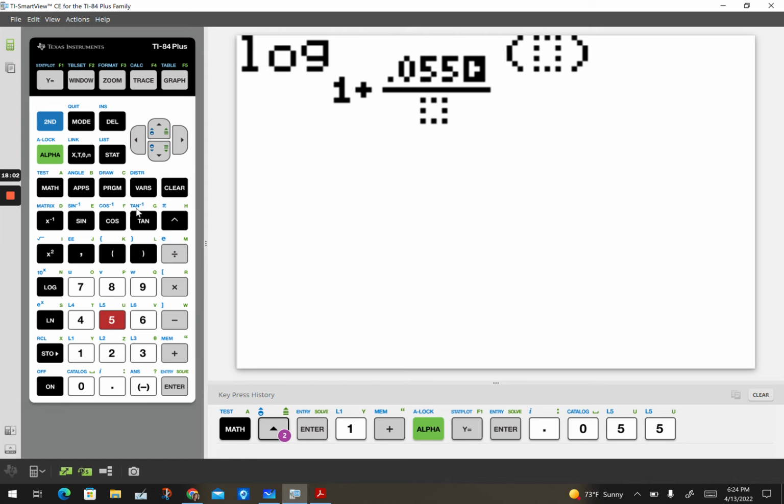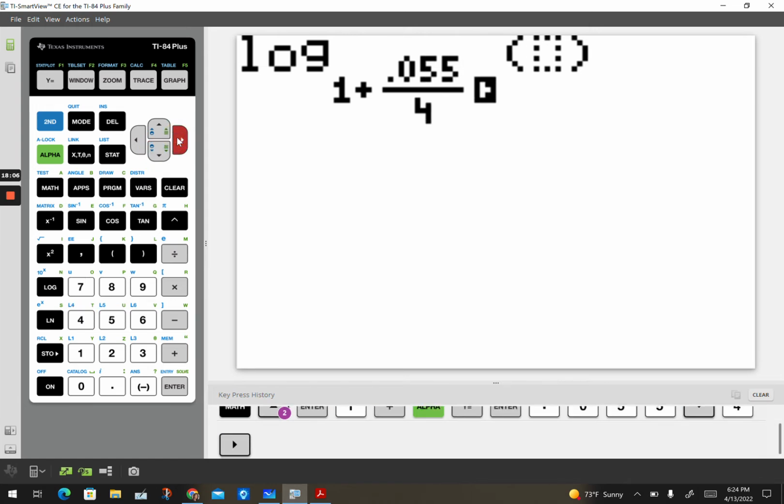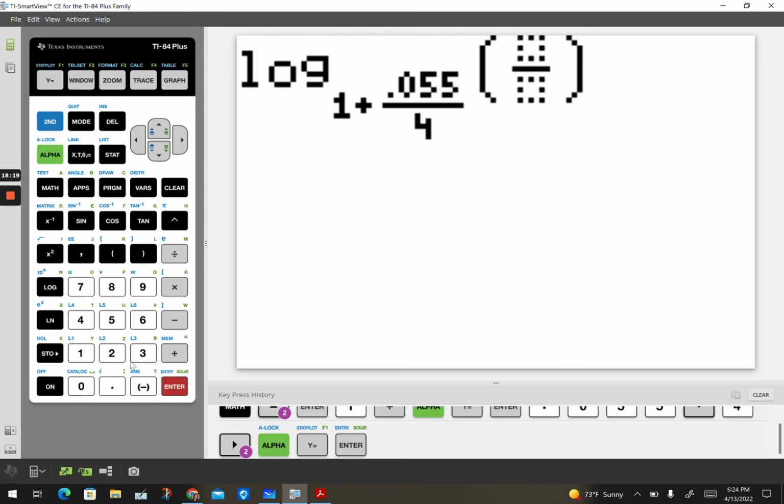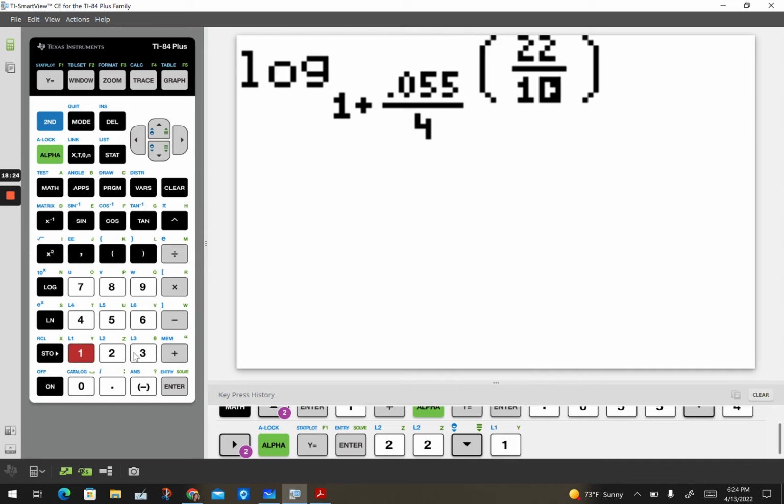Oh, 22 over 13. So let me do alpha y equals again: 22 over 13. This is the numerator part, because eventually, remember, we have to divide by 4. So there's my problem, and I'm going to hit enter, but I'm not done just yet because I need to divide by 4. And I'm going to hit enter.